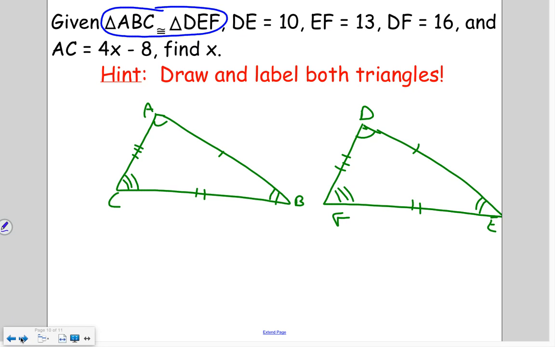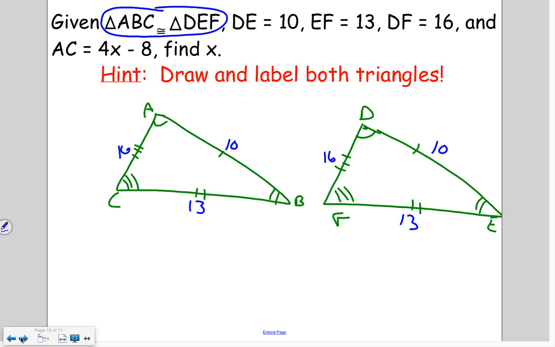All right, DE equals 10. Let's see, DE equals 10. Well, that means AB also equals 10. EF equals 13. Well, so does BC then. DF equals 16. Well, so does AC.